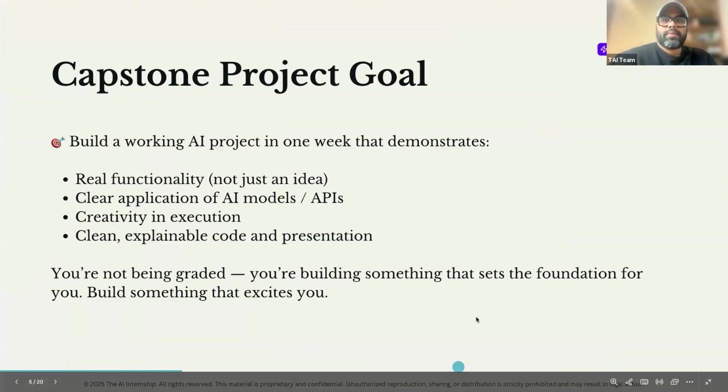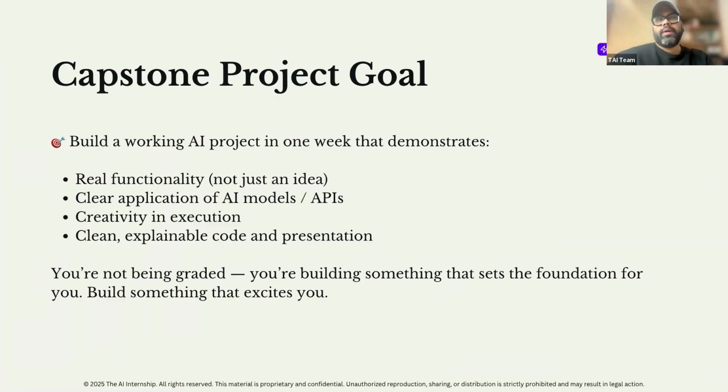But it's important that you think about it, because with AI you can do a lot more compared to the past. Think a bit outside the box, I would say. And obviously use AI, but at the same time, make sure that the code is clean, explainable, and presentable so that we can review the code as well. So make sure to check that as well.